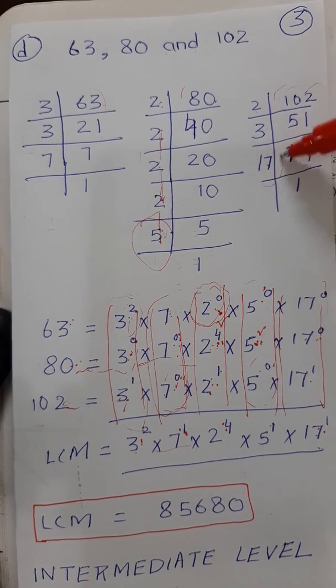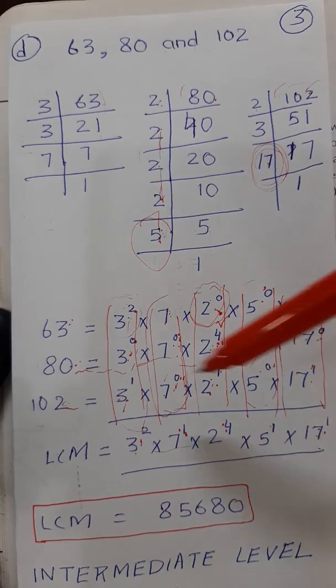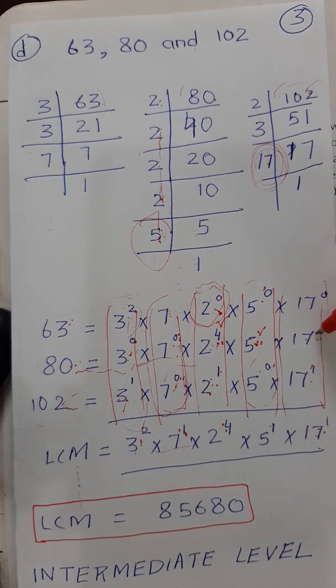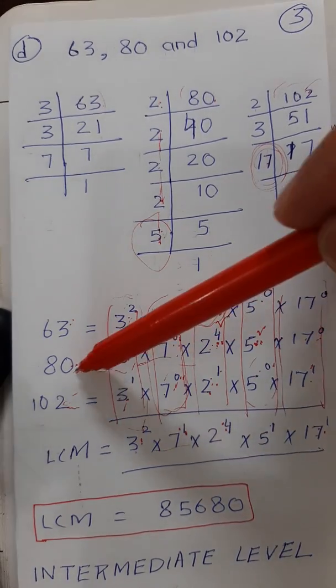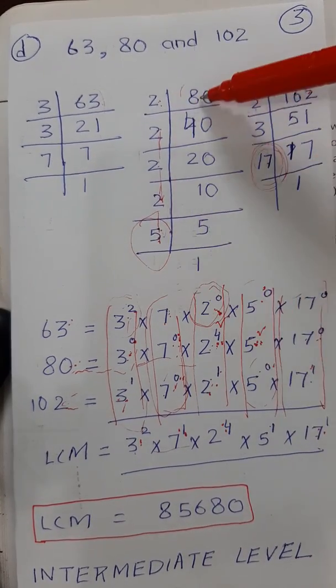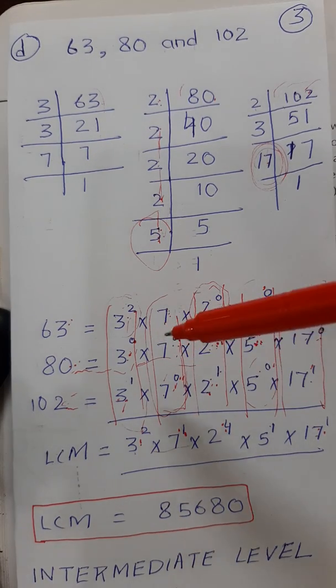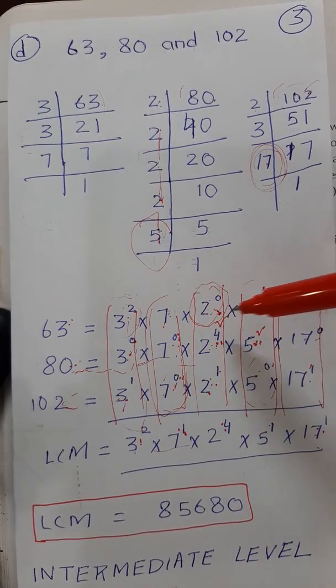Now 17 is a factor of 102, written in the factor of 102, while 17 power 0 is written in the factor of 80 as well as in 63, because you will not find 17 in factor of 80 and in factor of 63.